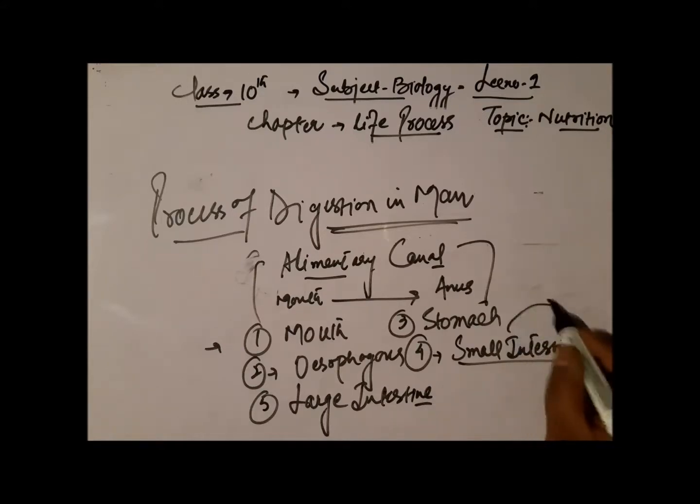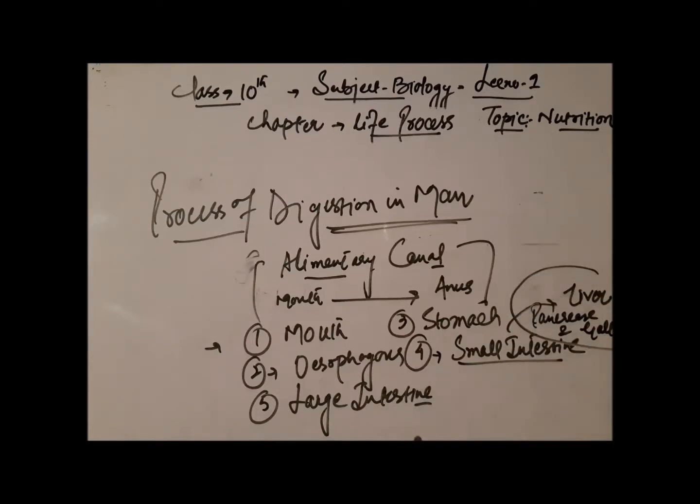And the small intestine is concerned with the liver, pancreas, and gallbladder, because all the secretions of these glands are poured into the first part of the small intestine, that's called the duodenum. We will discuss that one by one.